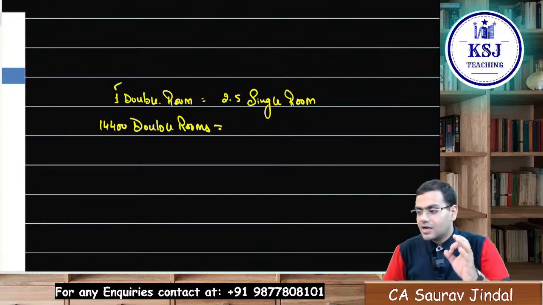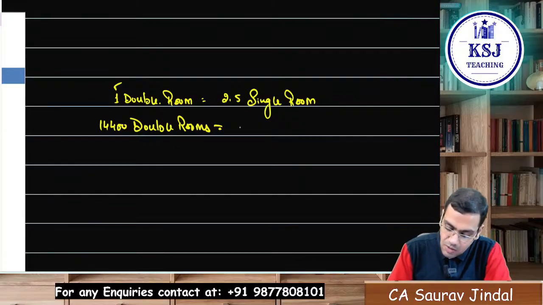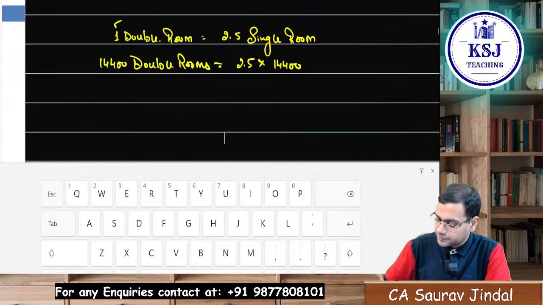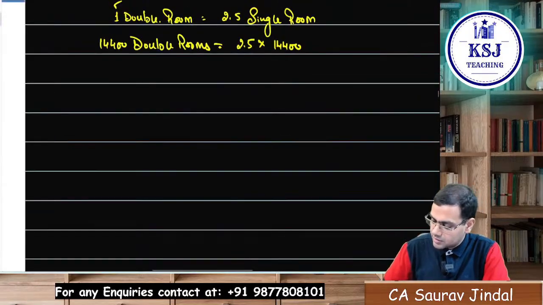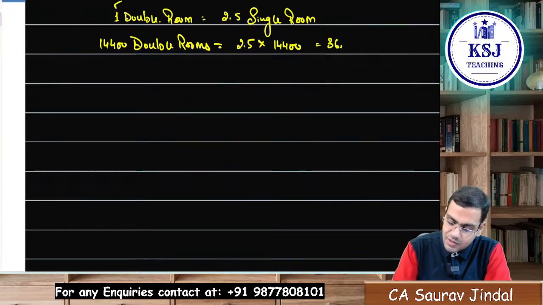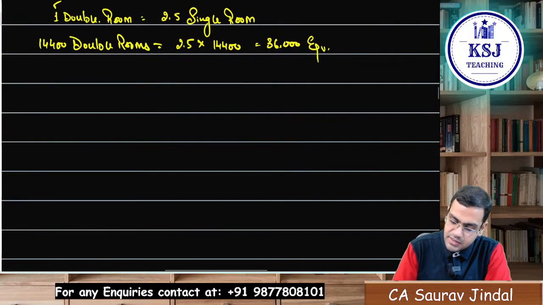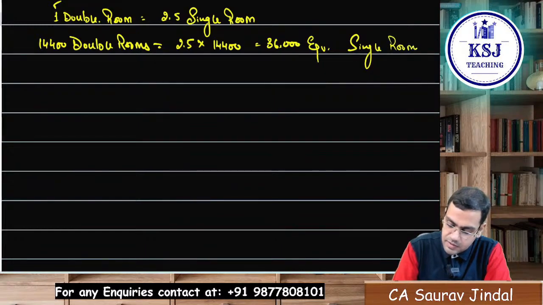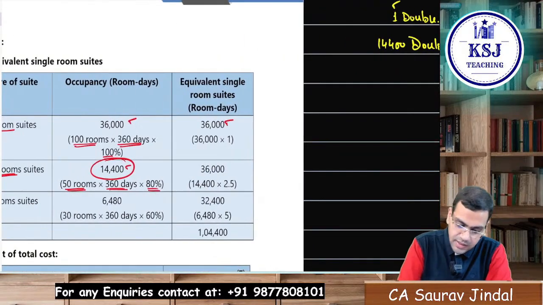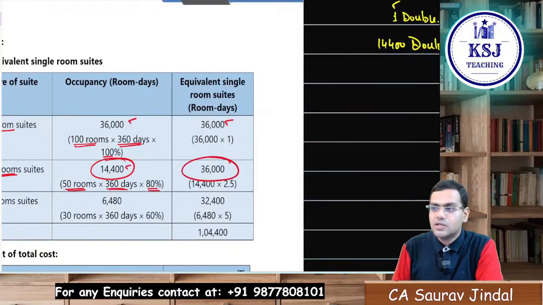So for 14,400 double rooms, how many single rooms will be there? 2.5 multiplied by 14,400. One second. So 14,400 multiplied by 2.5, that is 36,000 equivalent single rooms. So this is what is done here, 36,000 equivalent single rooms.